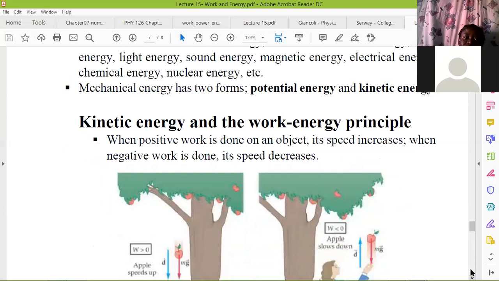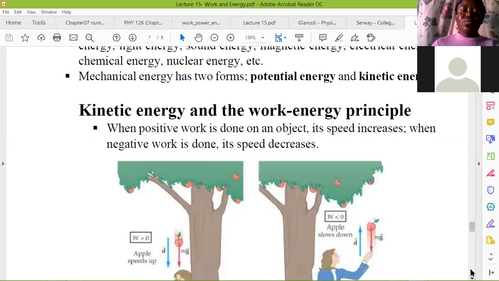We look at kinetic energy first before we move on to potential energy, and we will see how the work and the energy relate to one another.